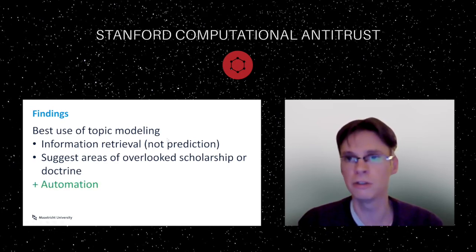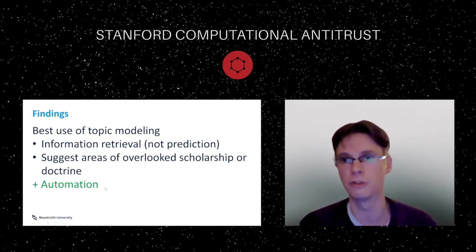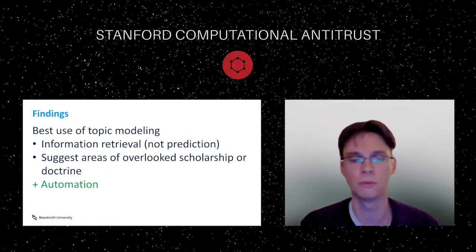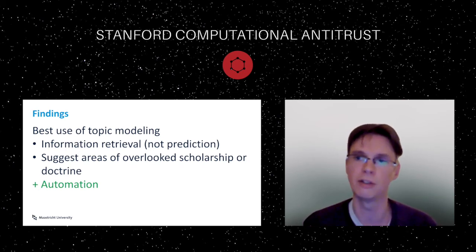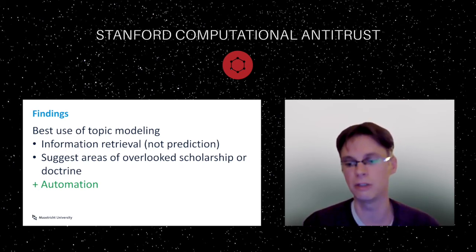I think you have more added value that you present. The added value of automation should also not be underestimated. Even if your topic modeling results do not provide the optimal results that doctrinal scholars would find, you have to keep in mind that if you have a pre-trained model, or at least a set of parameters, then you can automate this process quite quickly.